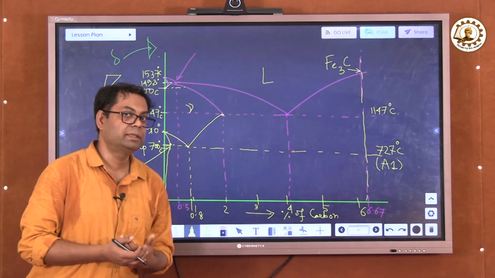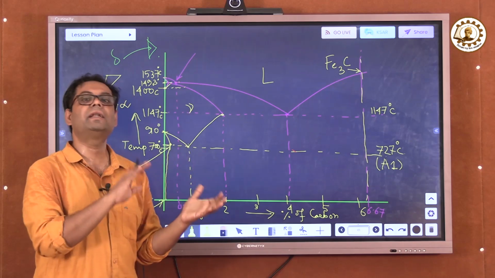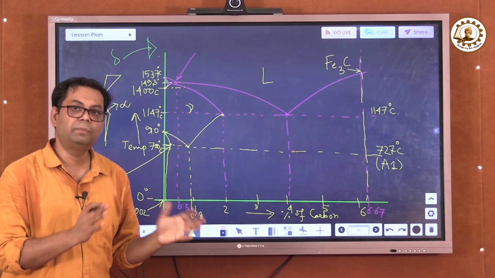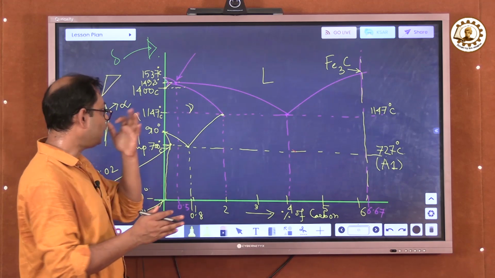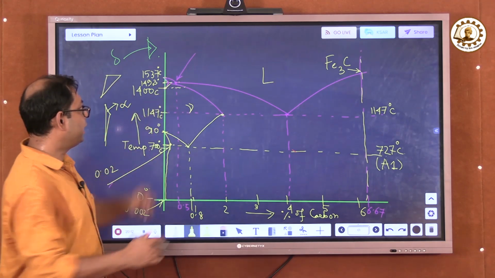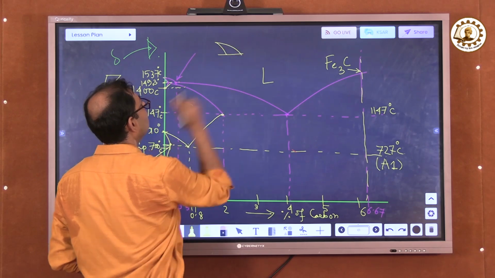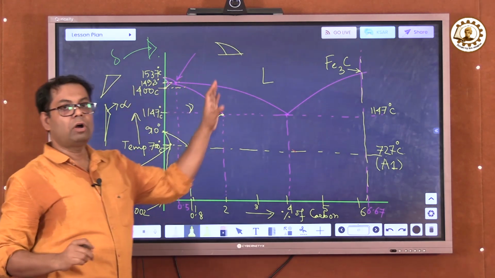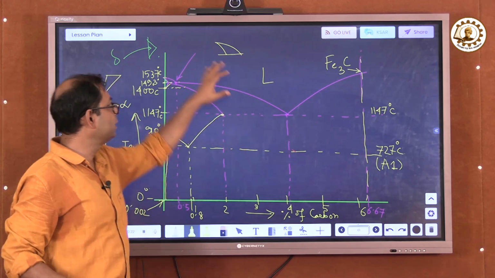So how to interpret this one? First of all, we have to identify the intermediate phases or metastable phases that appear in the iron carbon diagram. Over here individually, you will find that at the top it is not a pure triangle but looks somewhat like this.